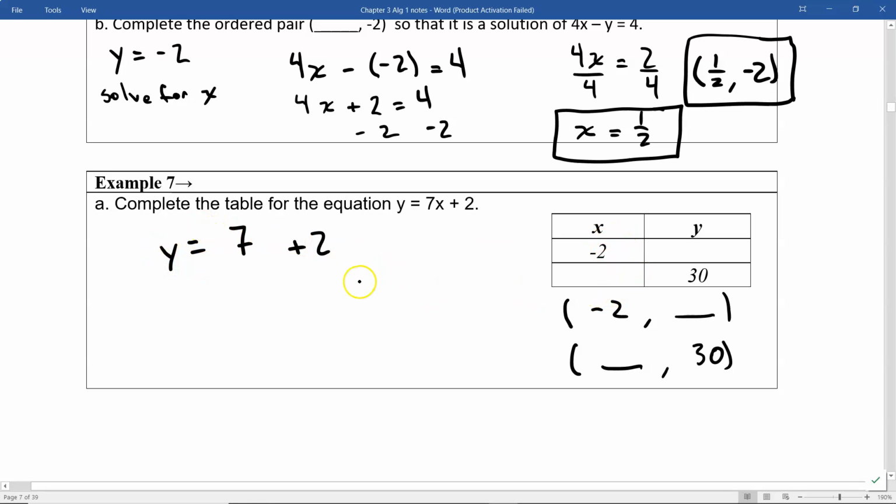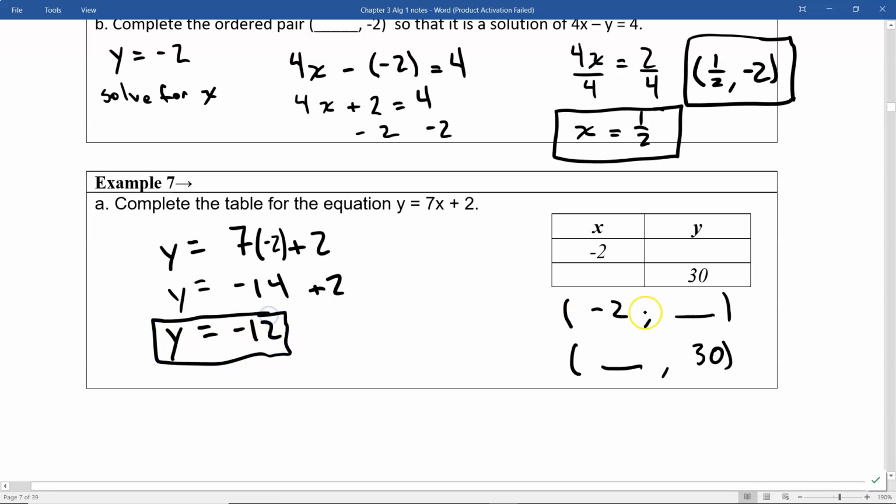However, the x coordinate is given to us, so we plug that in for x. So 7 times -2 plus 2, which gives us -14 plus 2, and -14 plus 2 is -12. So our ordered pair is (-2, -12). So you want to put that right there.